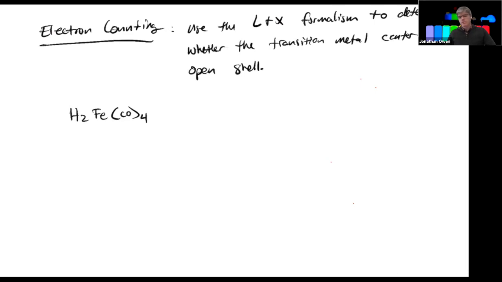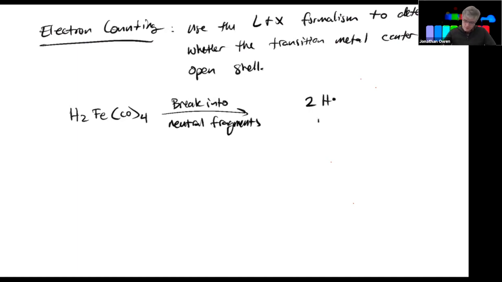We're going to do a version where we break it into charged fragments later, but the way we're going to do it in this class, and the way that is better, in my not so humble opinion, is to break the compound into neutral fragments. So we're going to get 2 hydrogens, an iron, and 4 COs.